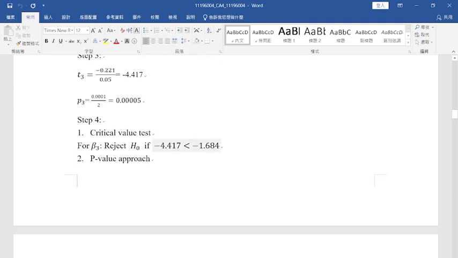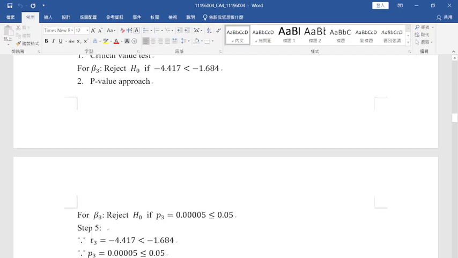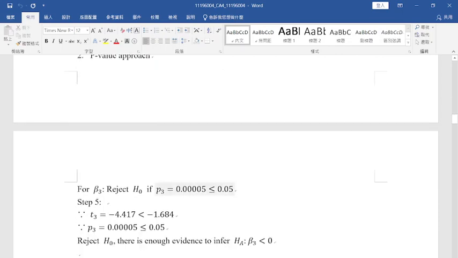If the t statistic is greater than the critical value, we do not reject the null hypothesis. And the p-value approach is if the p-value is smaller than 0.05, we reject the null hypothesis.